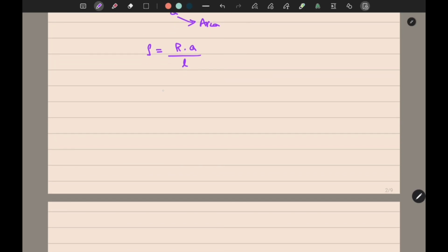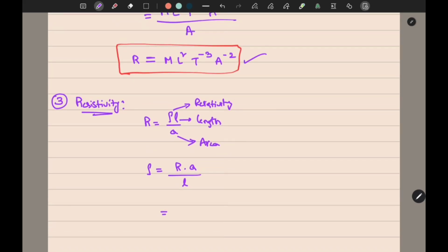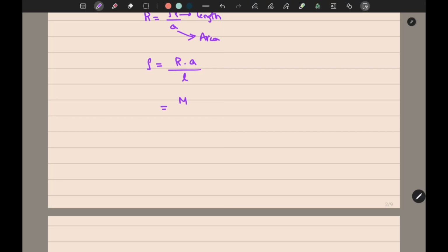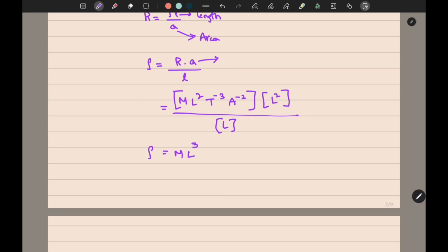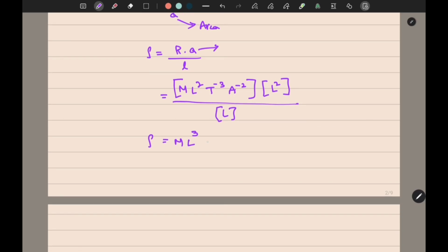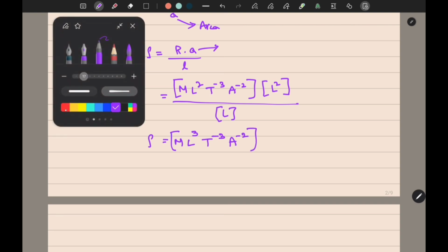Here we put the R dimensional formula we have derived, that is M L square T power minus 3 A power minus 2, into the dimensional formula of area, which is L square, divided by the length dimensional formula L. From this, the dimensional formula of resistivity we get is M L cube T power minus 3 A power minus 2. This is the dimensional formula of resistivity.